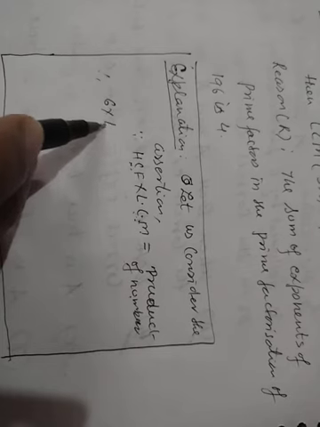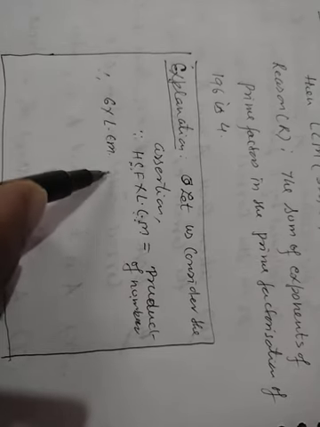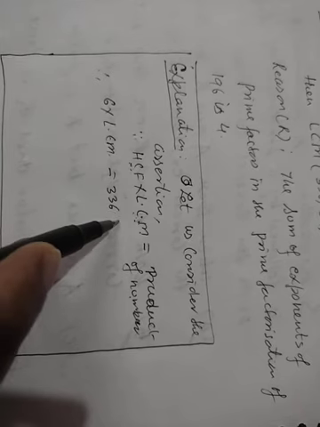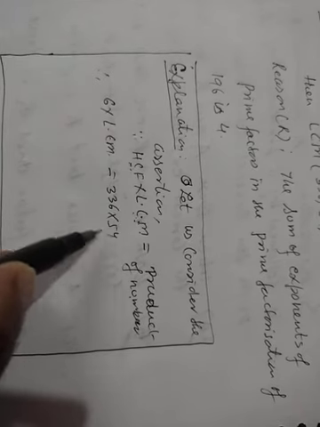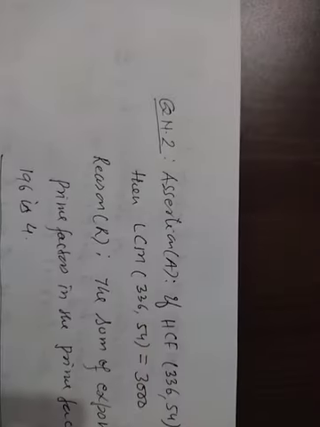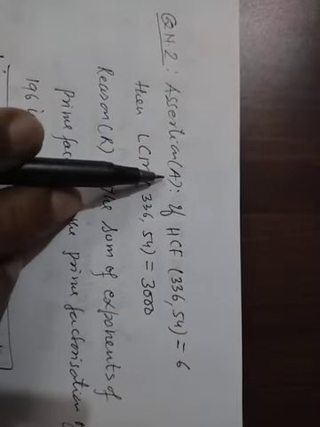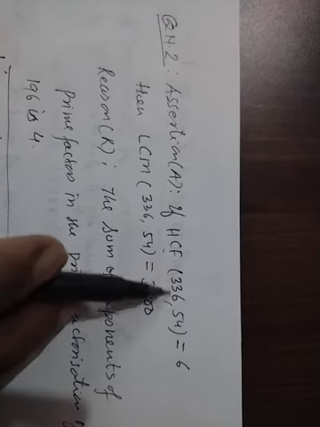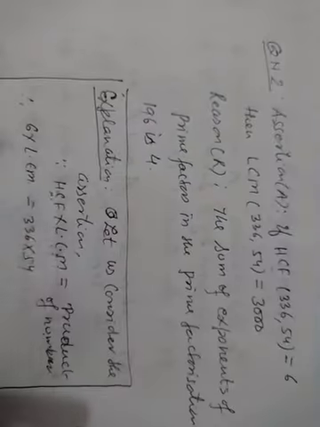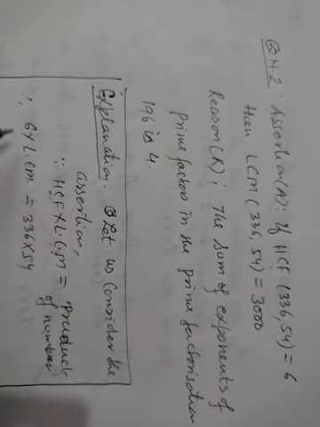6 into LCM equal to 336 into 54. It is given. Here you know, the assertion says if HCF of 336 and 54 is 6, then HCF is given here what? 6.